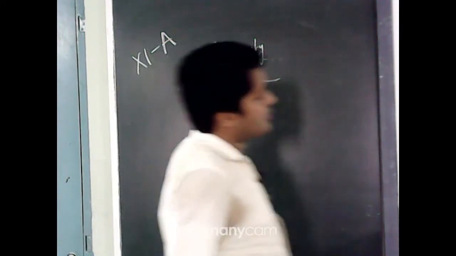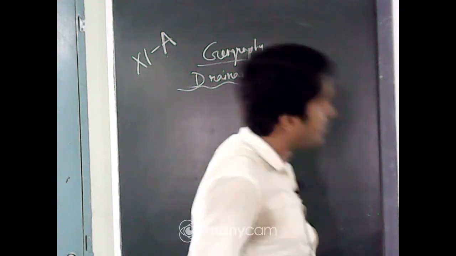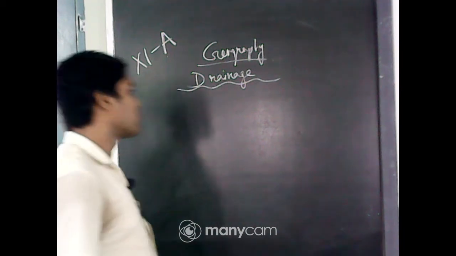Very good, Soumita. Largest peninsular river system. Largest and biggest peninsular river. Yes. That's why the river Godavari is known as Dakshin Ganga.